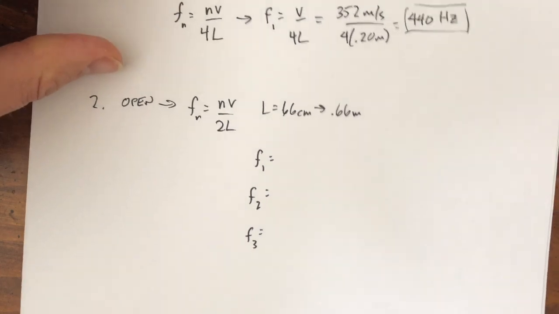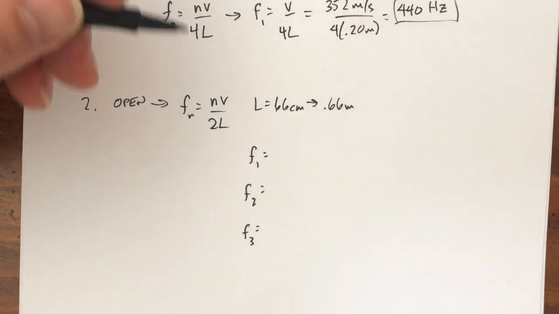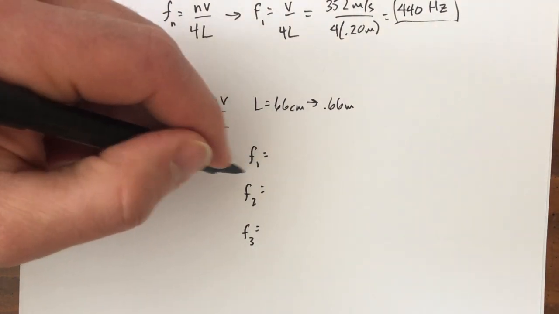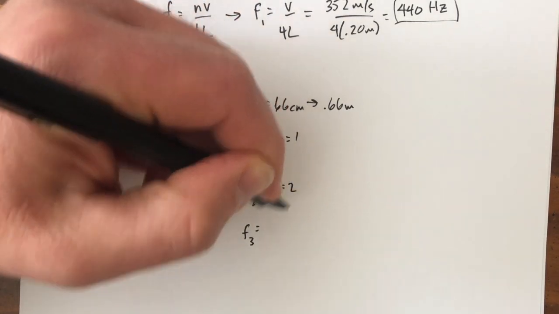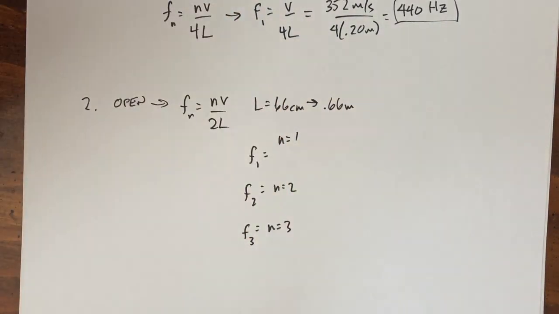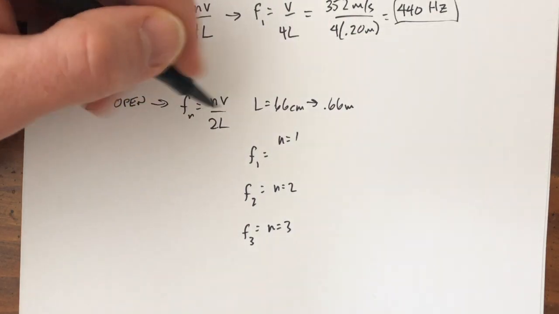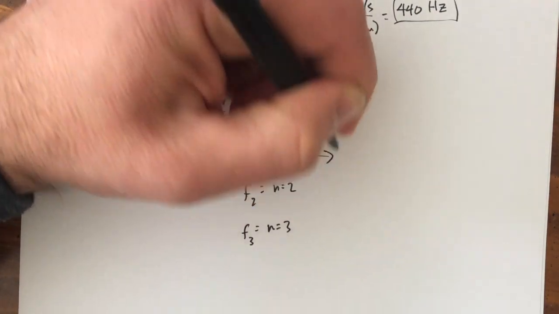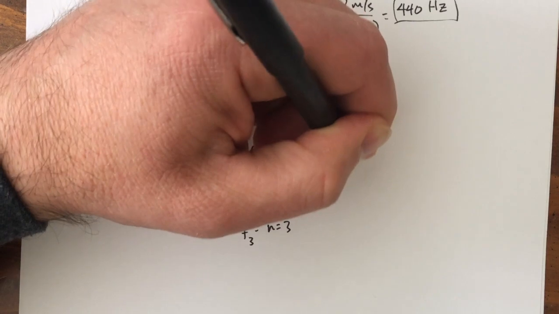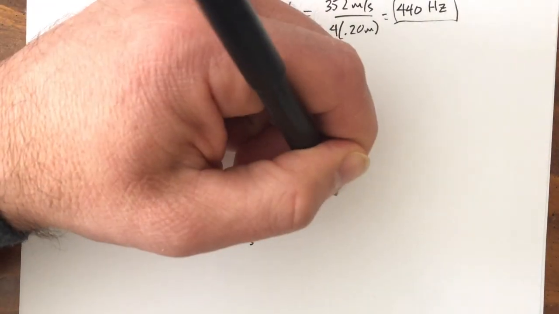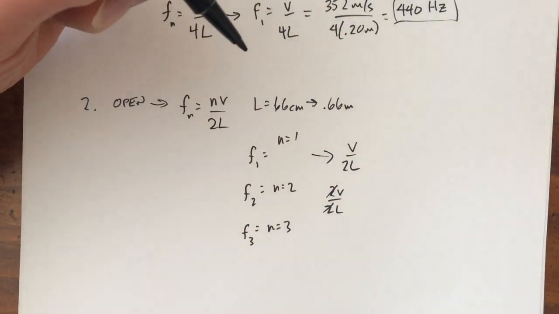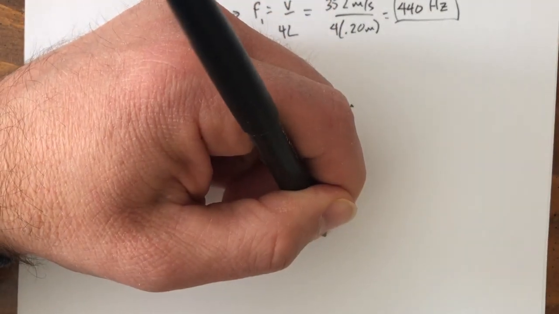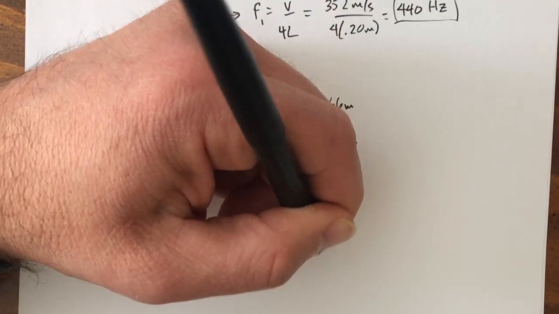Basically what that means is n will be 1, n will equal 2 here, and n will equal 3 here. And so this becomes v over 2L for the first harmonic. This becomes 2v over 2L, or just v over L for the second harmonic. And this one becomes 3v over 2L.